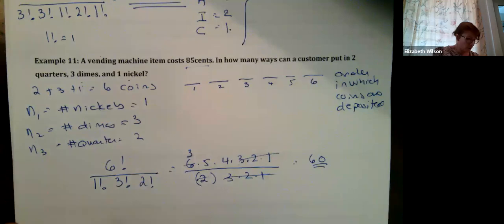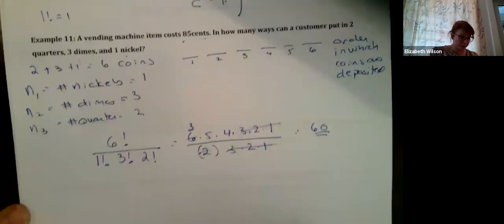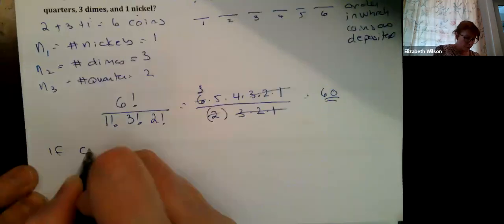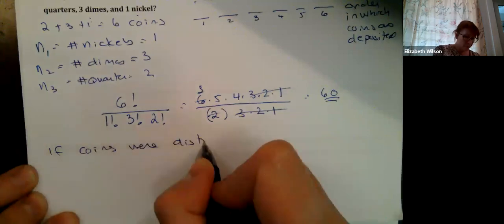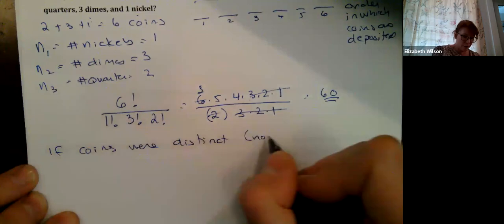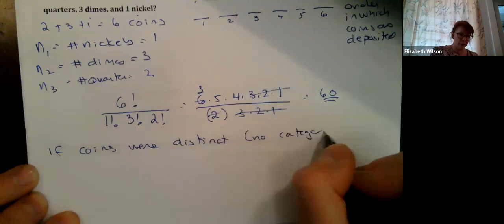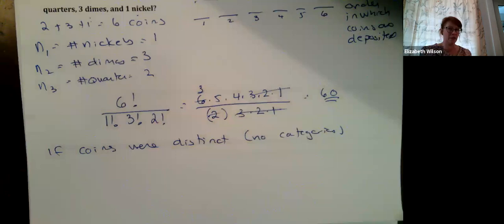So let's do a quick thought experiment here. If the coins were distinct, with no categories, like I said, this is a quarter from 1972, this is a quarter from 1985, those are going to be distinct coins. So I can't group them as just the number of quarters that we have.